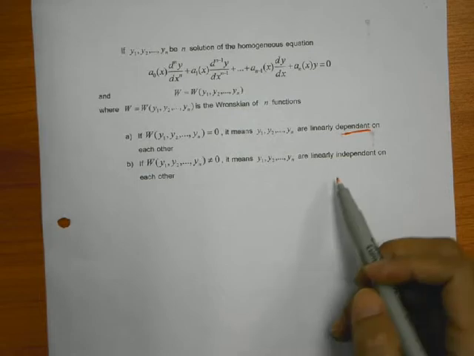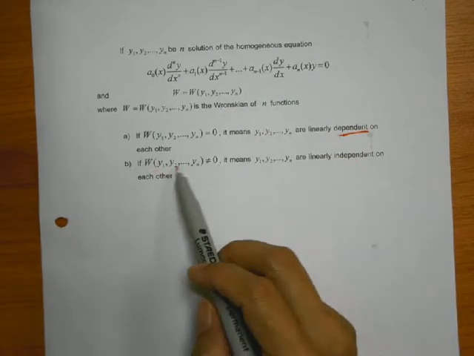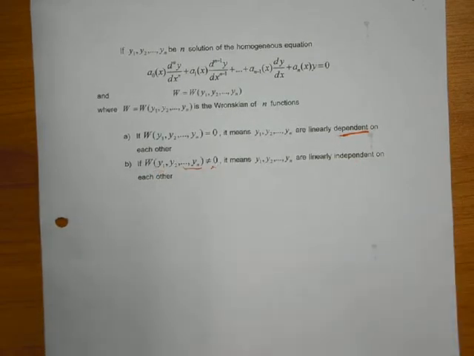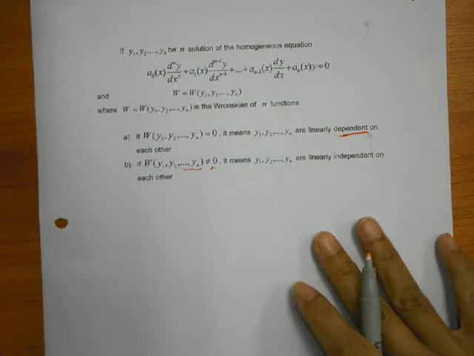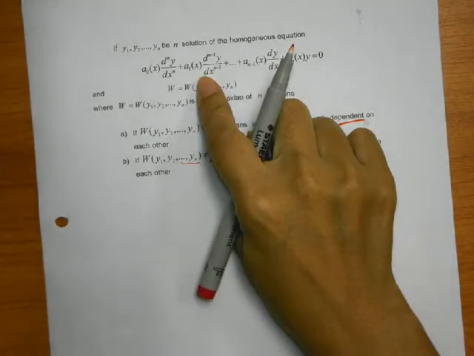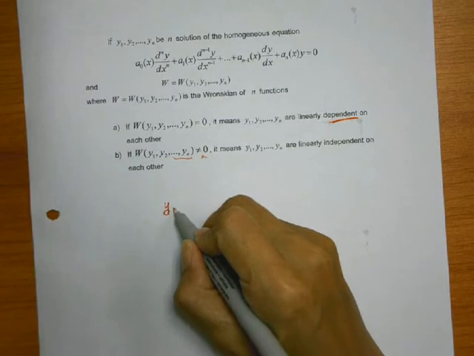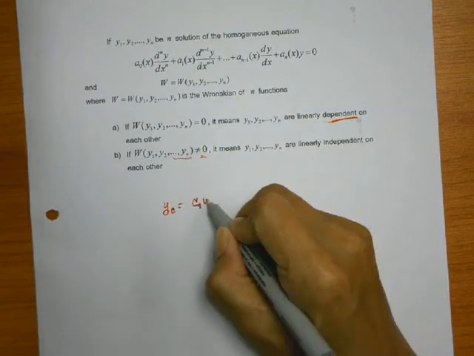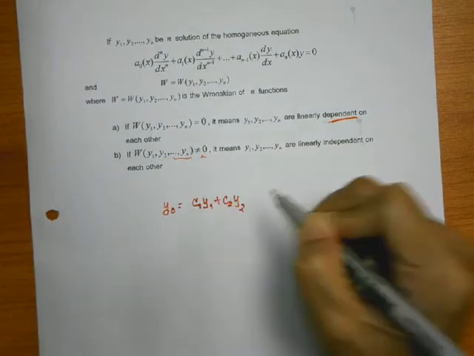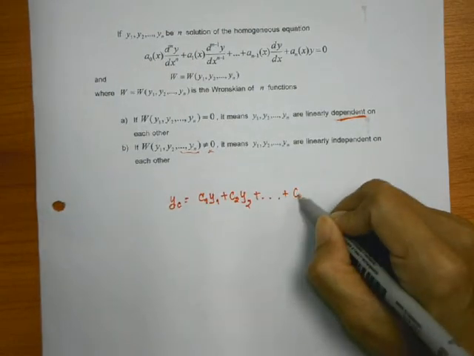So if you prove that the Wronskian of your answer is not equal to 0, that means they are all linearly independent of each other. Then you can write down the general solution of this equation as yc equals c1 y1 plus c2 y2 plus until cn yn.